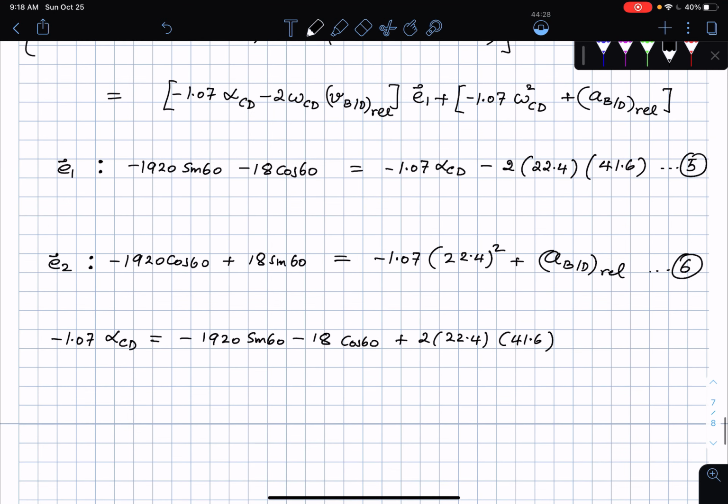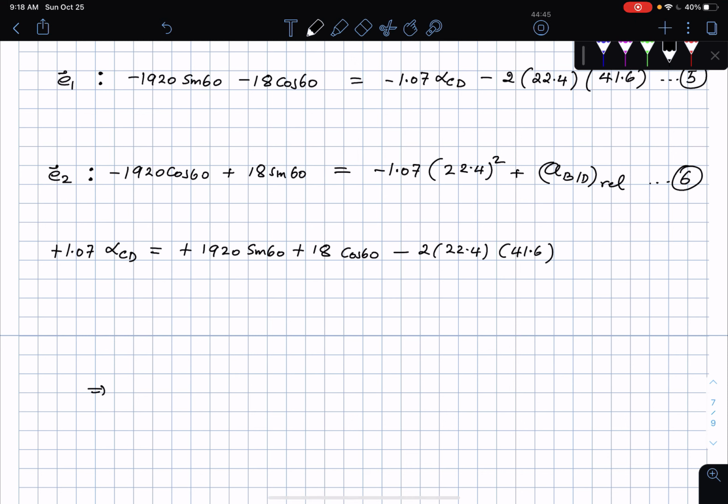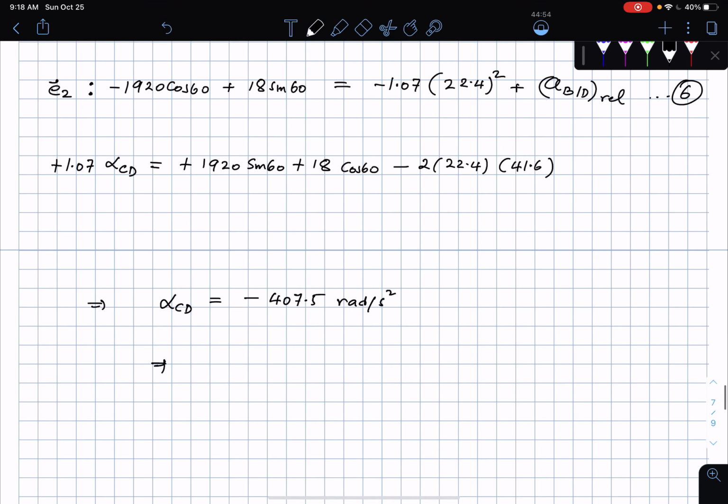If I put a positive sign for alpha CD it's going to be positive, and this is going to be a negative sign. I will end up having the negative quantity overshadowing the positive quantity, so alpha CD will end up being negative: minus 407.5 radians per second square, which implies that alpha CD is minus 407.5 K, or minus 407.5 E3, radians per second square. So that's the same.